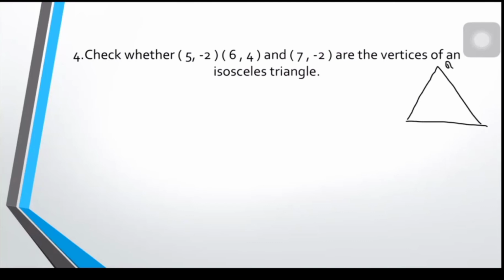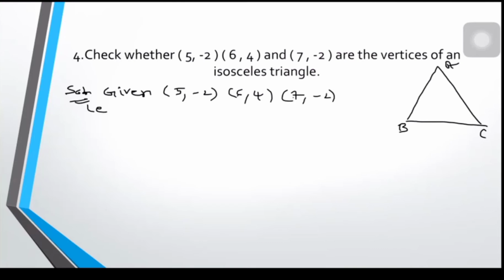Given vertices are these three vertices: 5 comma minus 2, 6 comma 4 and 7 comma minus 2.